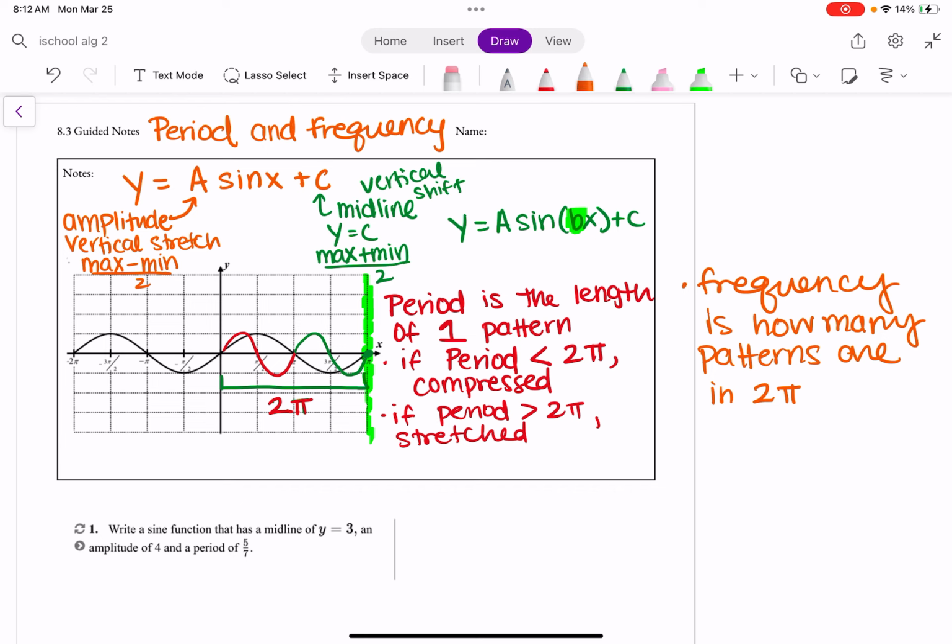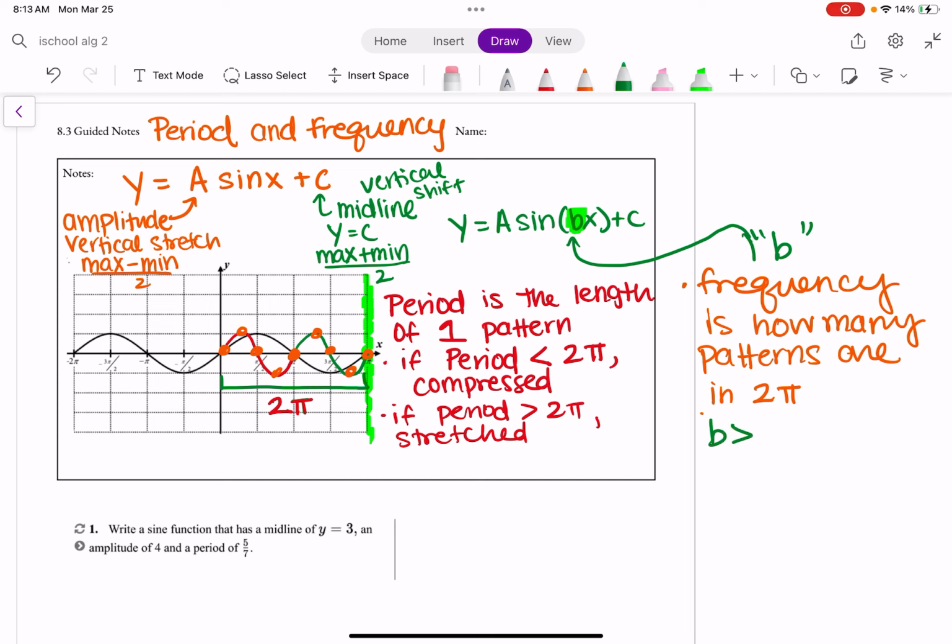Now if we see how many patterns there are, there's one pattern right here, and there's a second pattern. So the frequency, the number of patterns in 2 pi, has gone up. Also, frequency is actually what we call the B. So this B is the frequency.